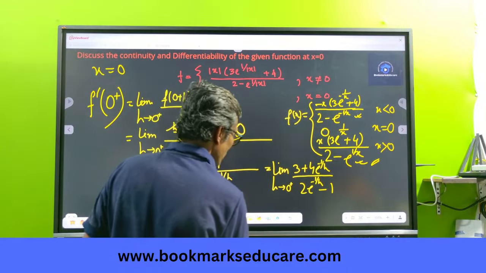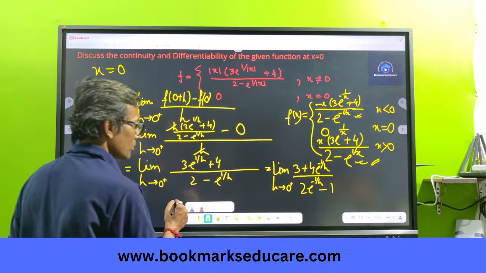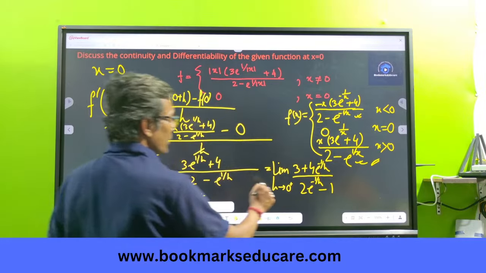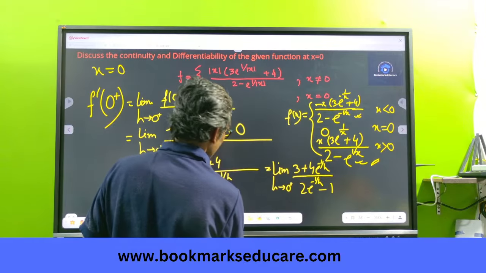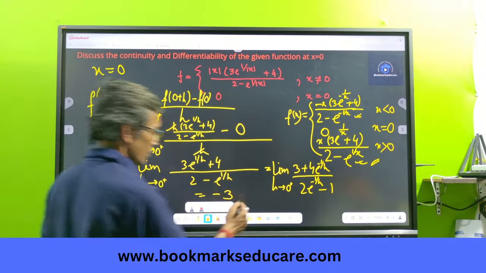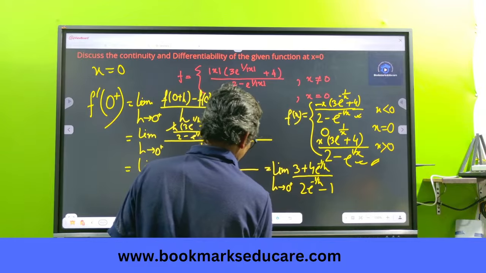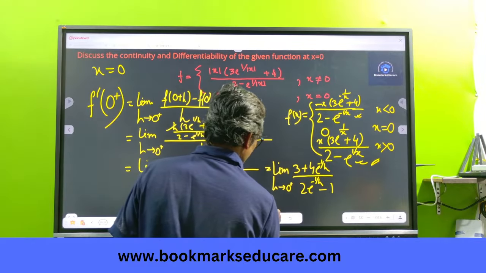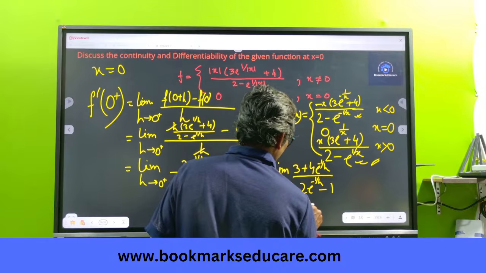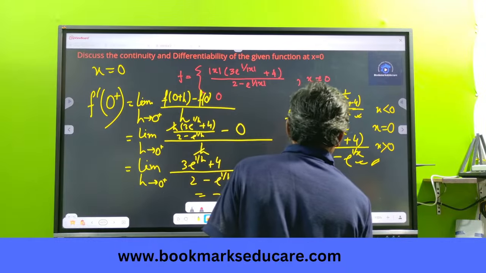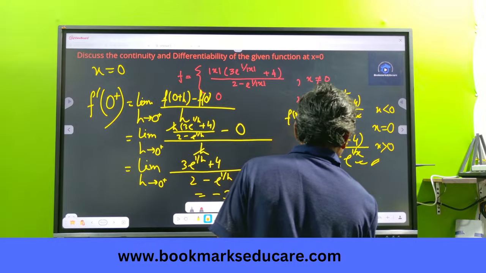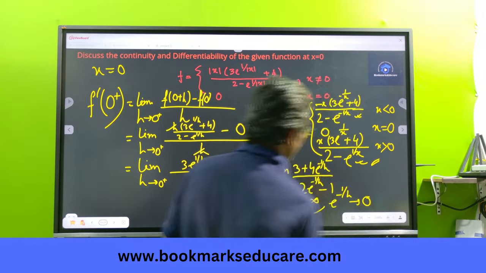So the limiting value of this function is minus 3, because h tends to 0 plus, then 1 by h tends to plus infinity, therefore e to the power minus 1 by h tends to 0.